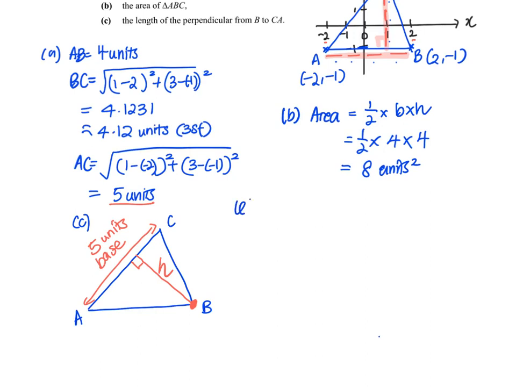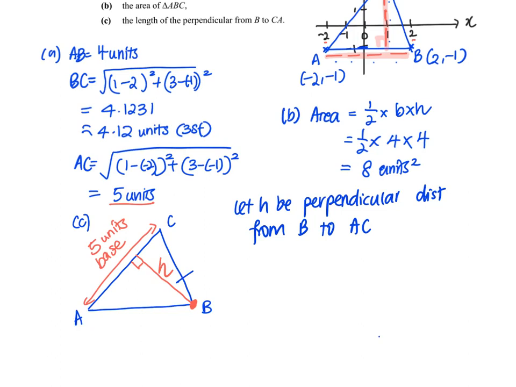We shall let H be the perpendicular distance from B to AC. We know that the area of the triangle is 8 square units, correct? So area will be half times base times height.